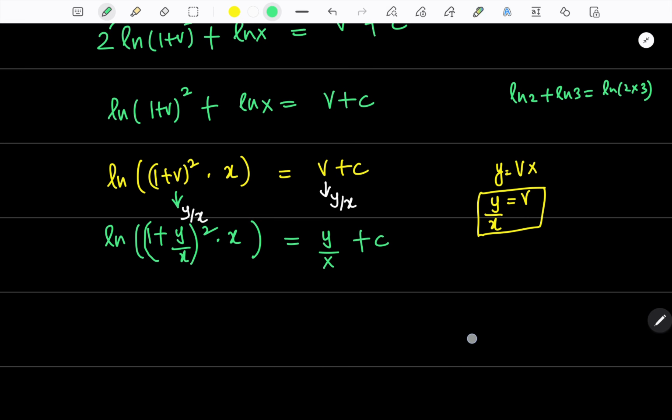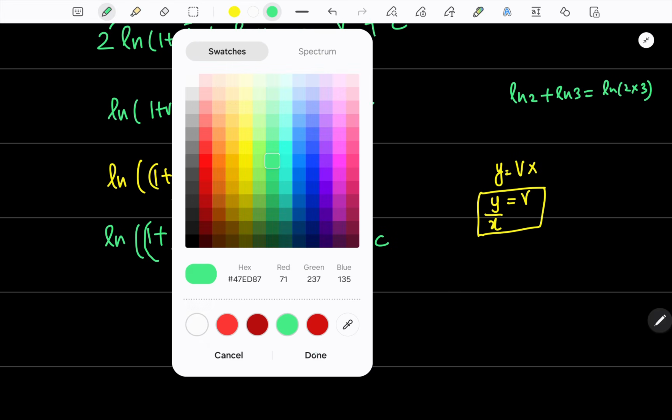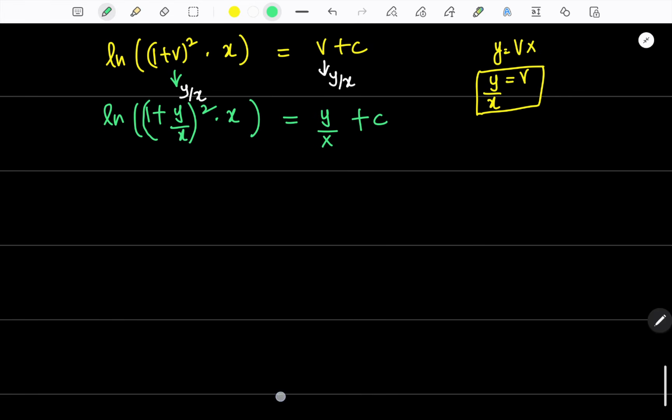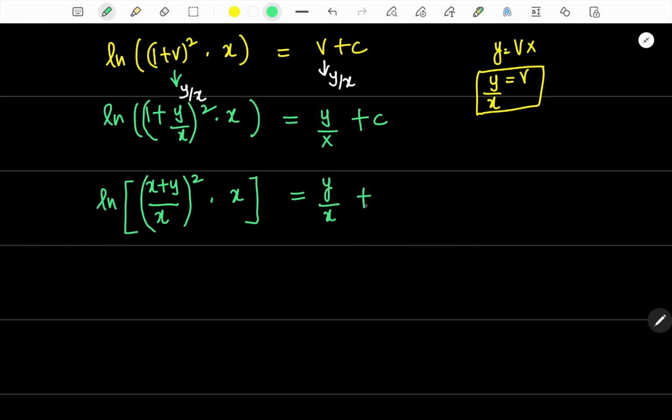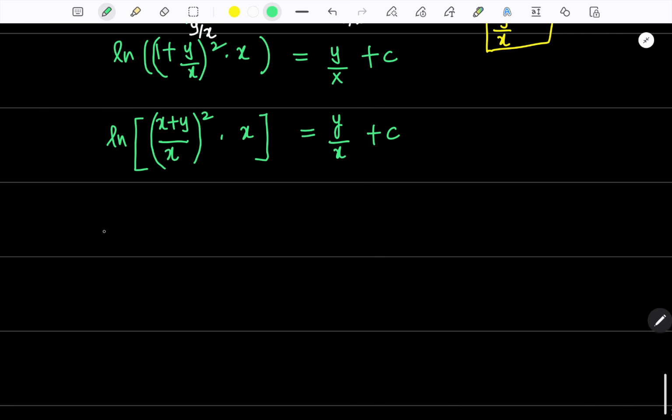One small simplification let me do. Look here carefully. Let me open this bracket. This is actually 1 + y by x. I'm taking LCM as x, so you will get (x + y) the whole square, and then times x, which is equal to y by x + c. Why am I doing this step?